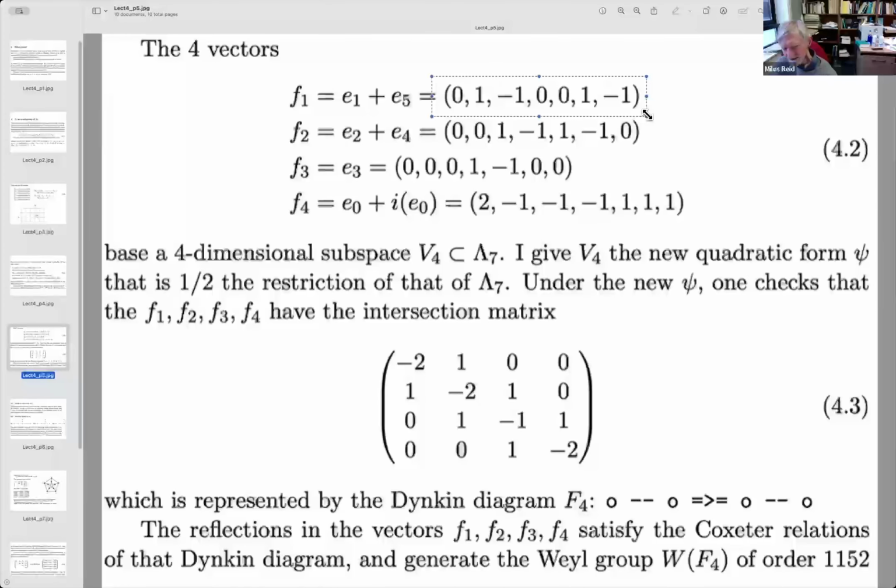You calculate the length of them according to that Lorentz metric I gave you last time. So I'm taking 1/2 of the restriction. This is a standard mathematical trick. The intersection of these elements is this matrix, and that is the Dynkin diagram F4.